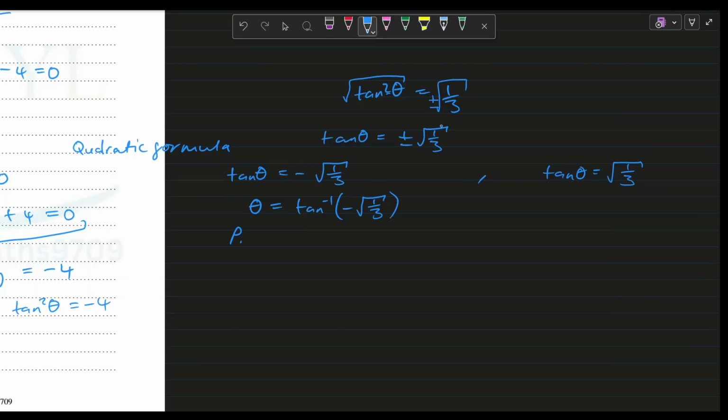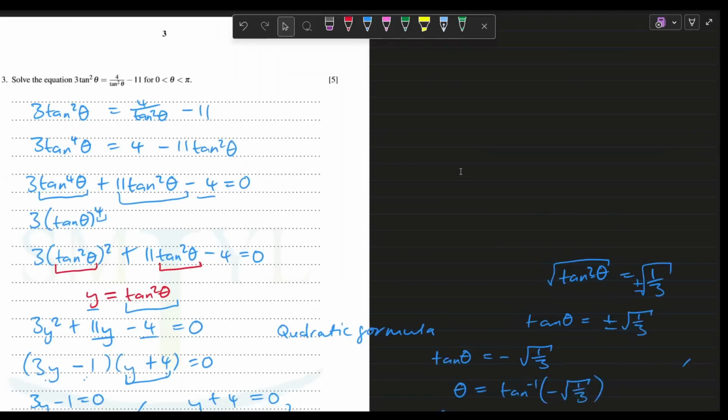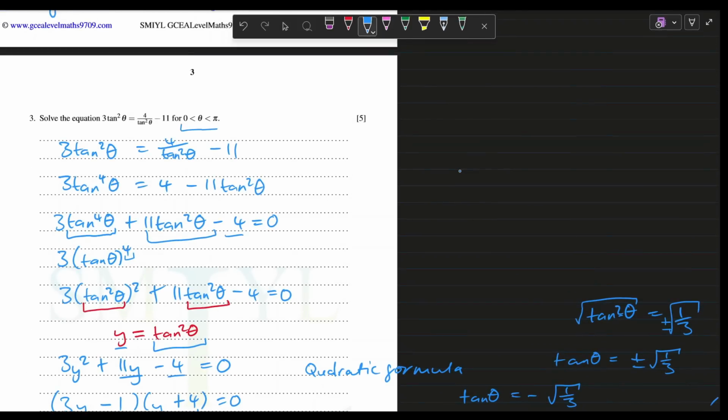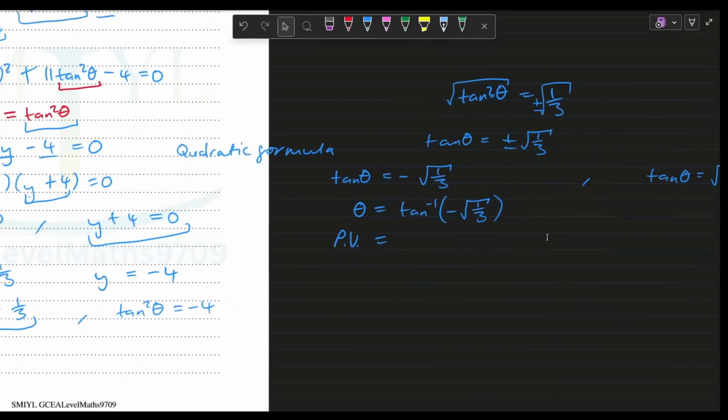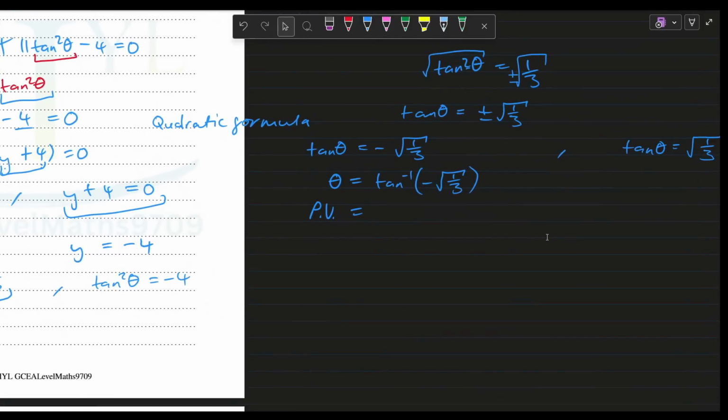Whatever we get here, we call this our principal value. Let's just check what our interval looks like. We want theta to be between 0 and pi, so we are in radians, and arctan of negative root 1/3 gives us negative 1/6 pi. We can use the formula PV plus pi n, where n is an integer, to check if we're going to get any solutions within the interval.